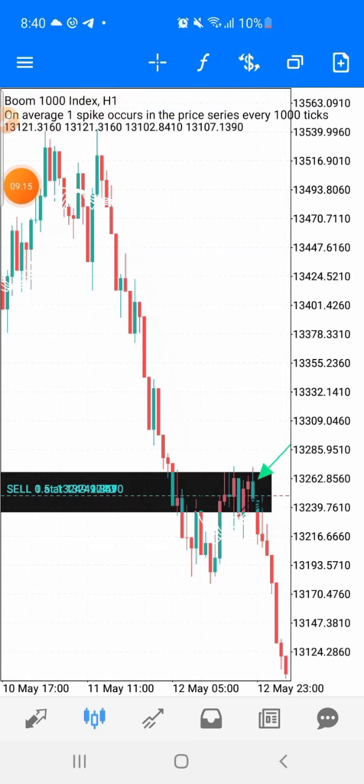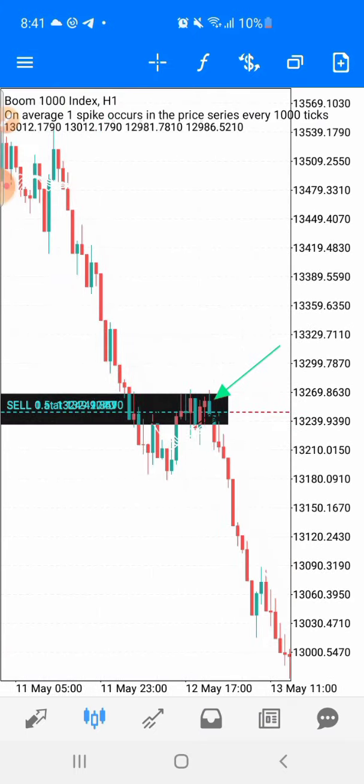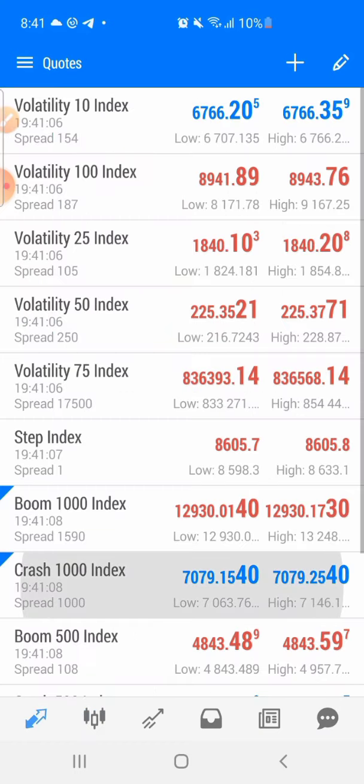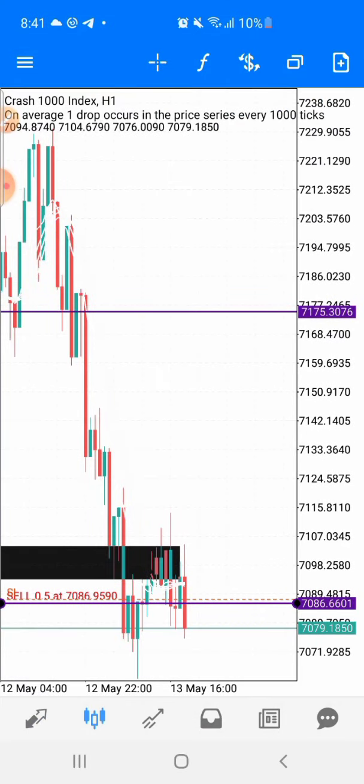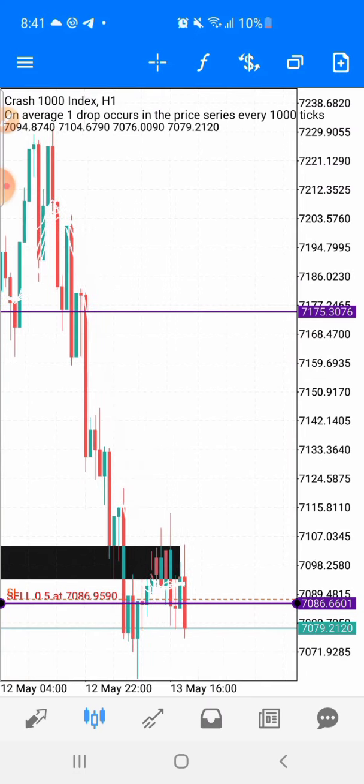All right, so you can see how this one has been massively dropping, and our Crash 1000 now is in profit. I've shifted my stop loss to my M3. That means we are not going to be losing anything if this price should go against us.